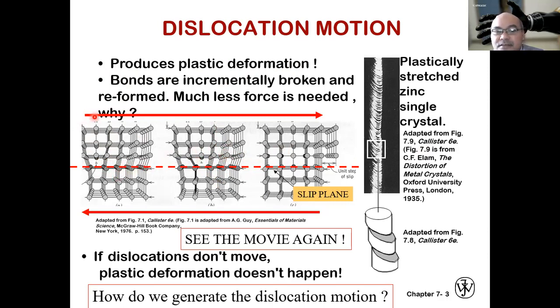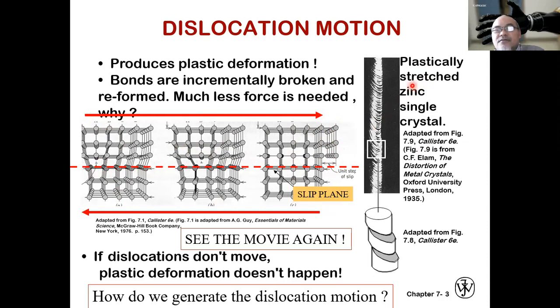So if this is the shear stress, at the upper part from the left to the right and the lower part from the right to the left, the plane here will slide to the right until the dislocation moves to the edge, where we see it as a unit step of slip.